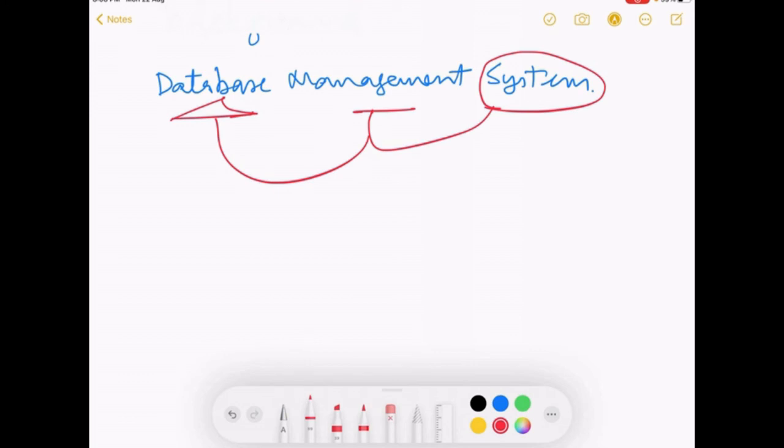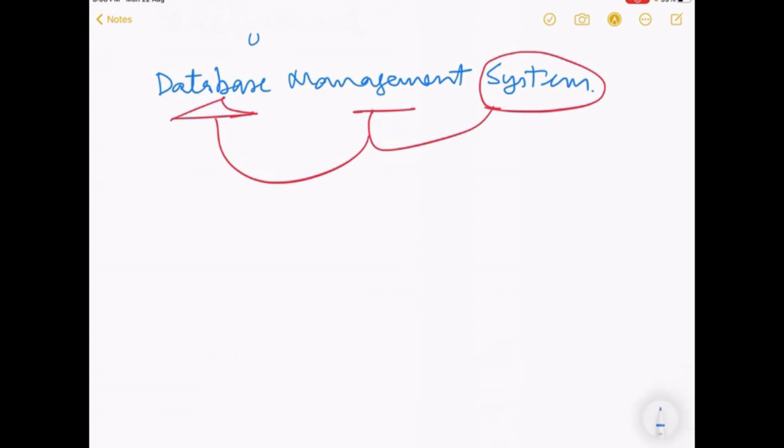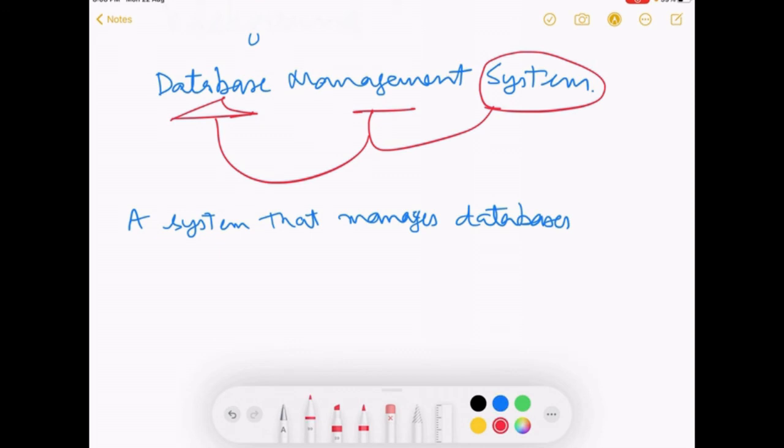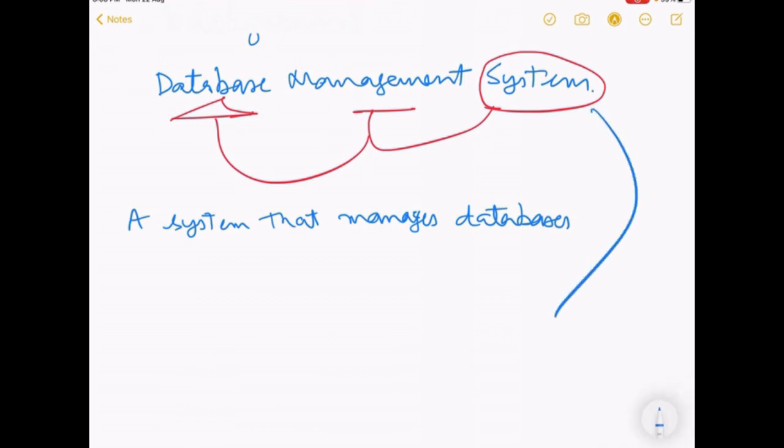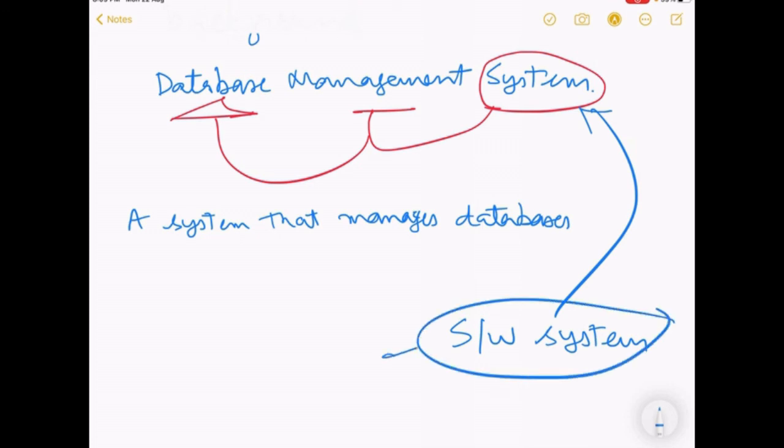Here the system is a software system, and software means a collection of programs.